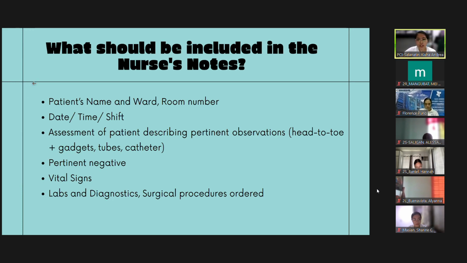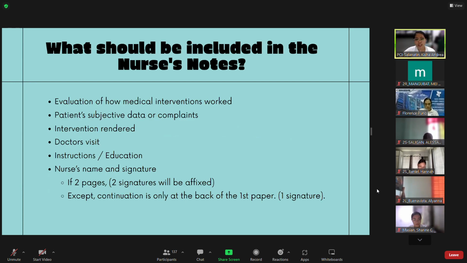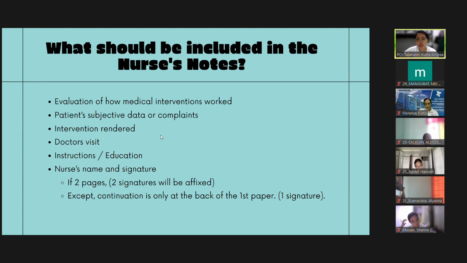If it is 2 pages, next slide please. If your nurse's notes occupy 2 pages because they are long, 2 signatures are needed. On the first page you put your signature, and on the second page you put another signature. But if the continuation is only at the back of the first paper, then only 1 signature is needed.